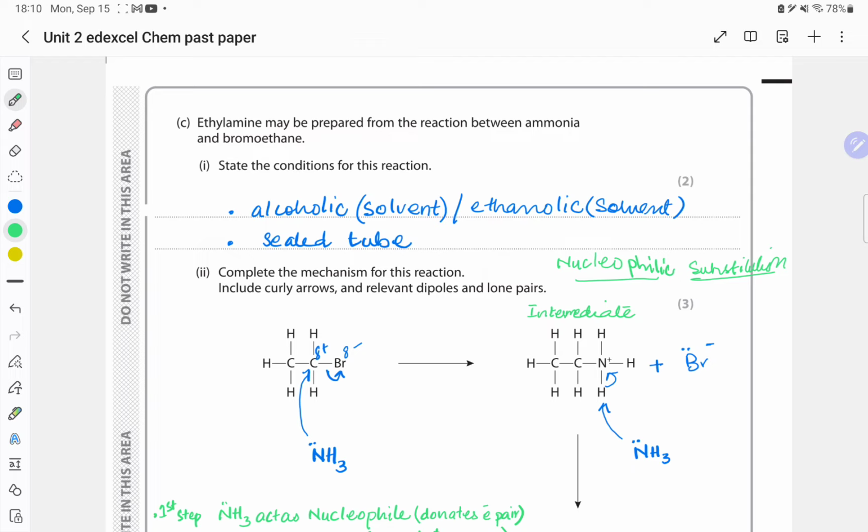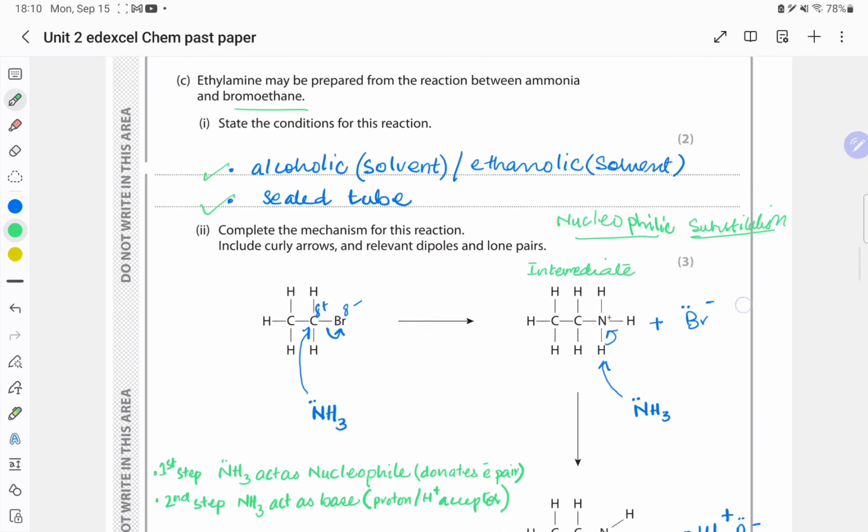Whenever you are talking about amines and their reaction with ammonia and bromoethane, bromoethane is an alkyl halide, or you can say a halogenoalkane. So the reaction is done in an alcoholic solvent, or you can use the word ethanolic solvent, and then a sealed tube because of the ammonia gas.